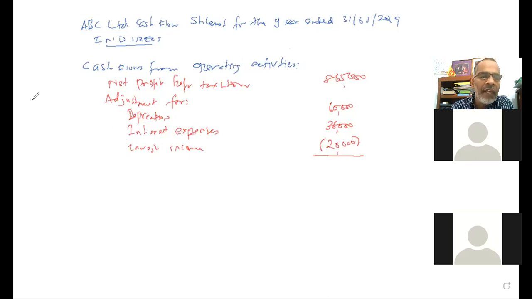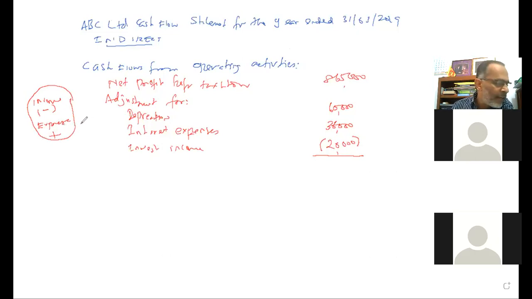Therefore, the reduced part would be the income. I noted here all the income in the adjustment part we have to deduct. All the expenditure in the adjustment part we have to add. This is the simple formula. All the income would be deducted under the adjustment, all the expenditure would be added.